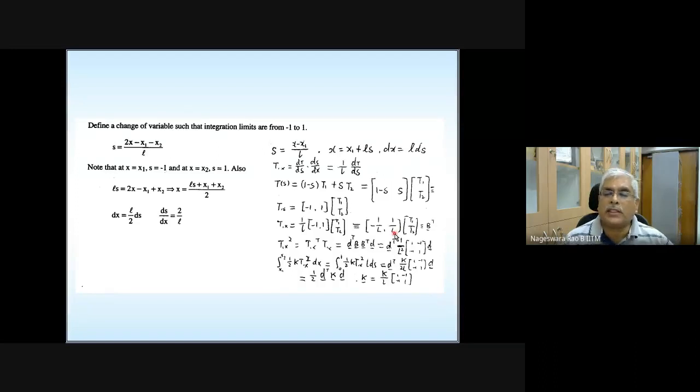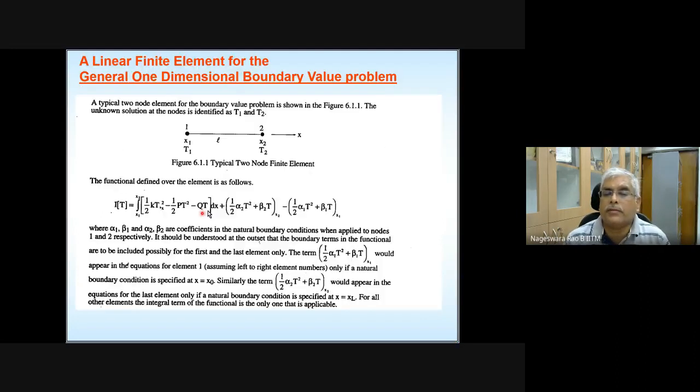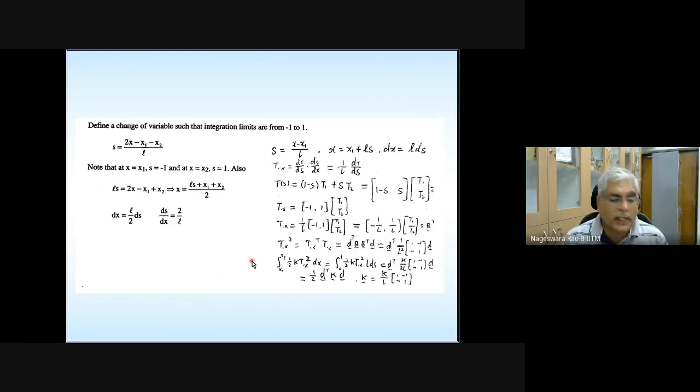A lot of information is there in this slide. Okay, please take time and try to understand this. A lot of information is there, because all this information we need to plug into this equivalent functional. In this functional we need to substitute. So please take a note of this.